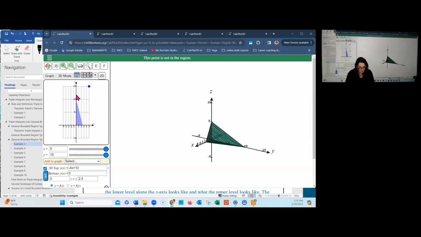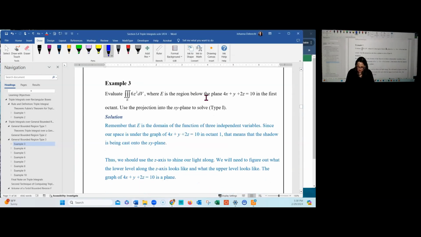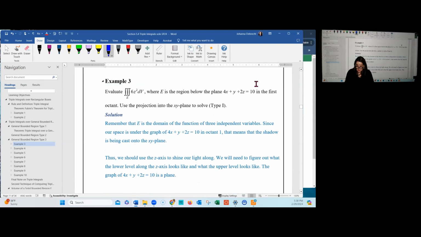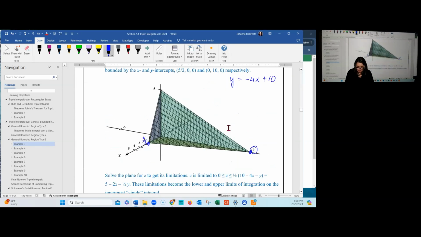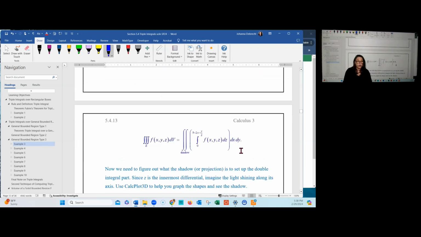So we're going to use this plane equation, solved for z, as our upper limit of integration. The lower limit of integration for the single integral is going to be z equals 0. And then we have our function on the inside.